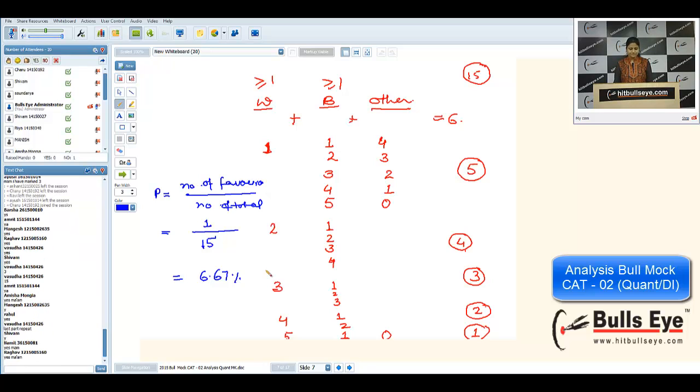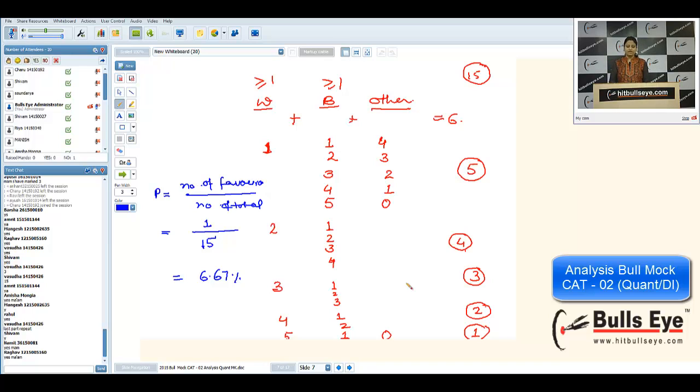Once again, Vasudha, see, I have written the probability definition. What is probability? That is the number of favorable cases divided by the number of total cases. We have counted all the possible cases. How many cases are there? There will be 15 in this case. And we want the probability of exactly 3 blue balls and 3 white balls.